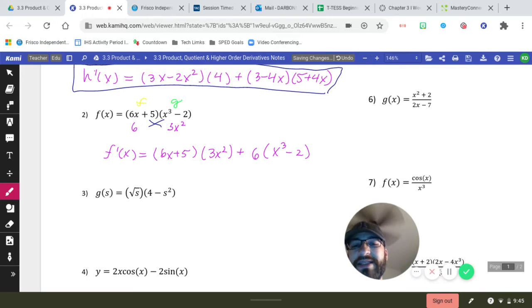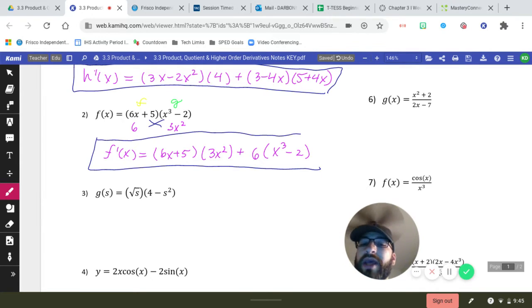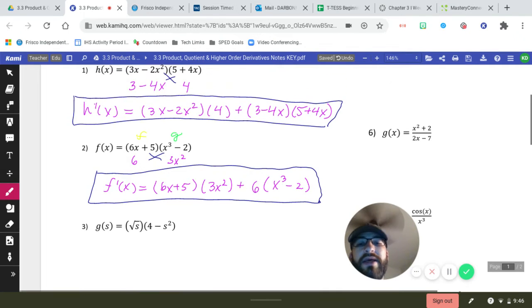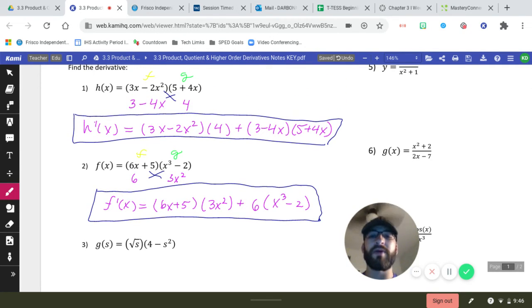Okay, nice and easy. Now, one thing I want to point out, and it's really the nice thing about the product rule being separated by addition: does it matter if I flip-flop these terms? Like if I got 3x minus 2x squared and wrote that one second, and wrote 3 minus 4x times 5 plus 4x first? No, it doesn't matter. It doesn't matter if I flip-flop 3x minus 2x squared and 4, or 3 minus 4x and 5 plus 4x. Same for number 2. So the product rule is kind of flexible.